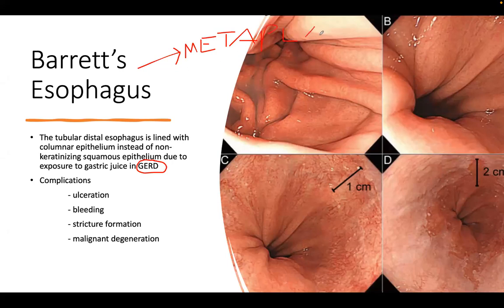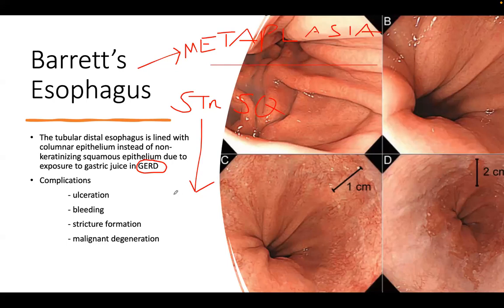So in metaplasia, one tissue type, okay, changes from another tissue type. Okay. So what is the normal epithelium again? What is the normal epithelium of the esophagus? The esophagus is stratified squamous. What happens in chronic GERD that leads to Barrett's esophagus?